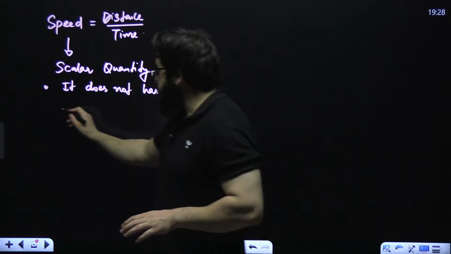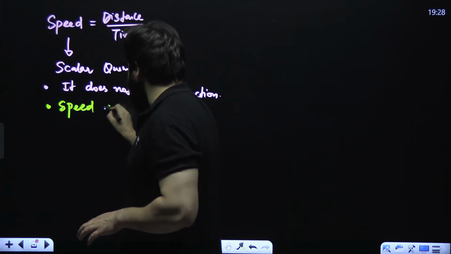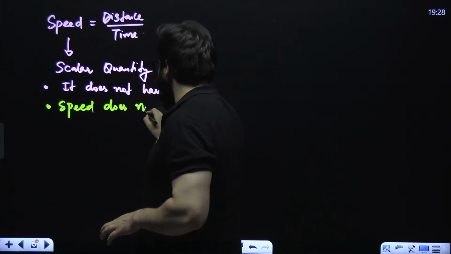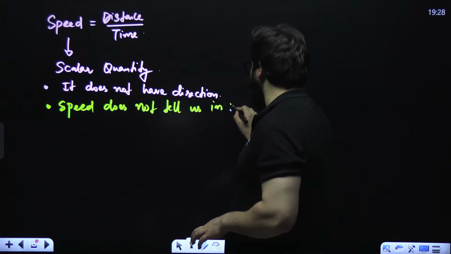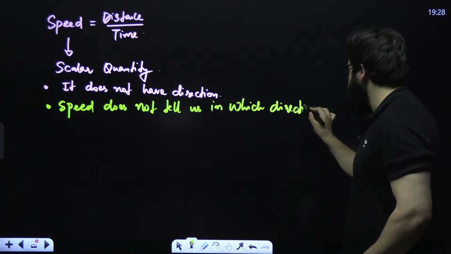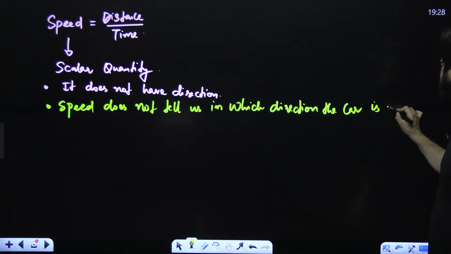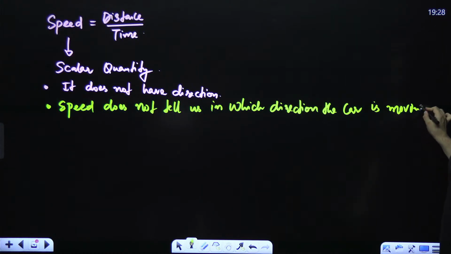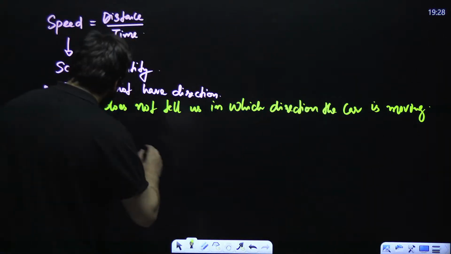Speed does not tell us in which direction the car is moving, but it only tells us how fast the car is moving.